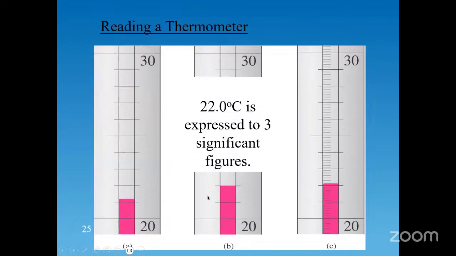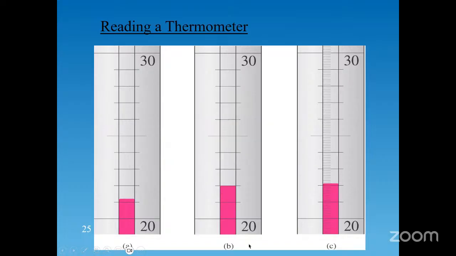Now, in this case, it's the same sort of scale, but the mercury level, let me back up a bit here, seems to fall just exactly on the 22 mark, right? So you might be tempted to say that the temperature being registered here is 22 degrees. But the level of precision expressed here should be the same as expressed here because they have the same kind of scale.